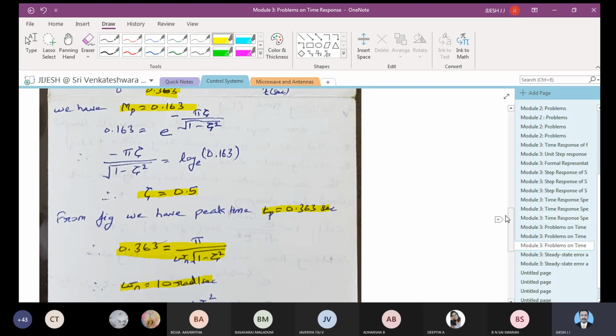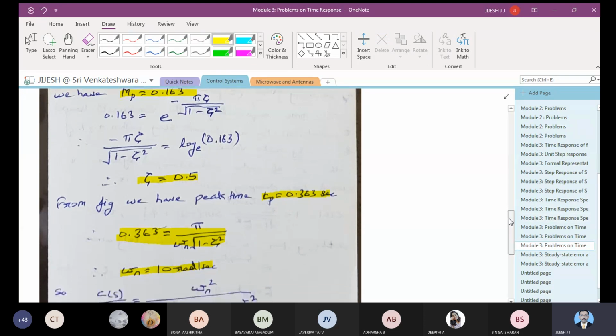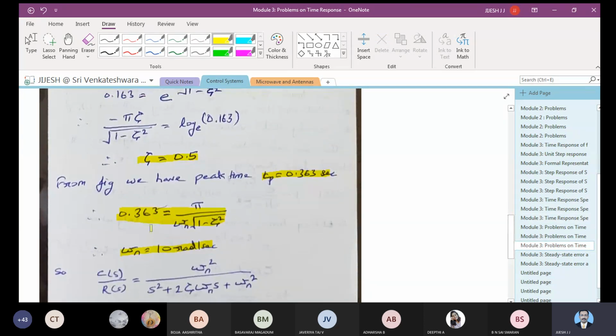Now how to solve it further? What is the transfer function? I have told you just in the beginning also, C of S by R of S is omega n square divided by S square plus 2 zeta omega n S plus omega n square. From this, you got all the values of omega n and zeta.